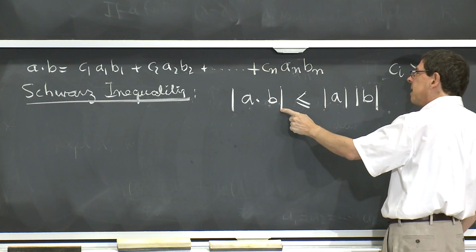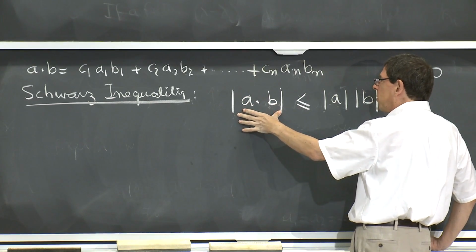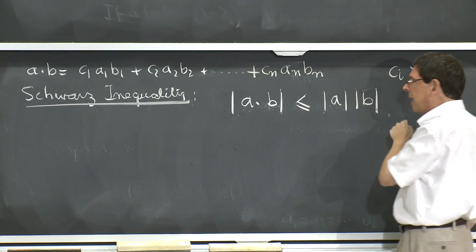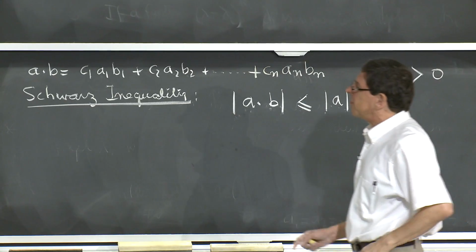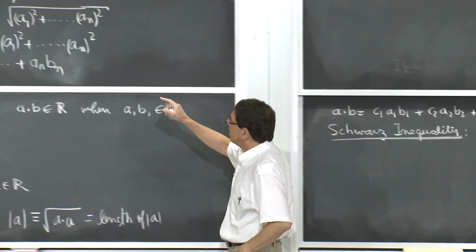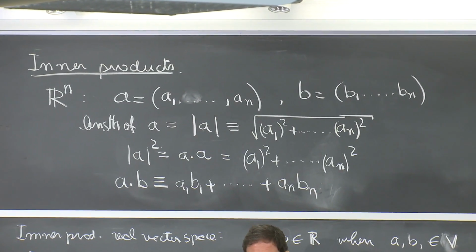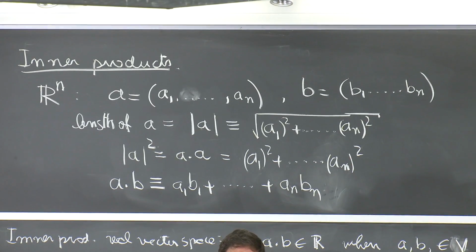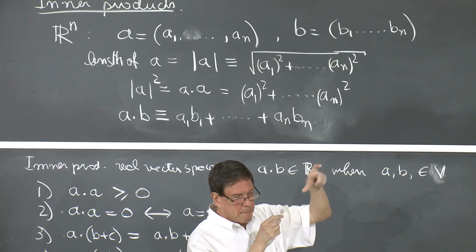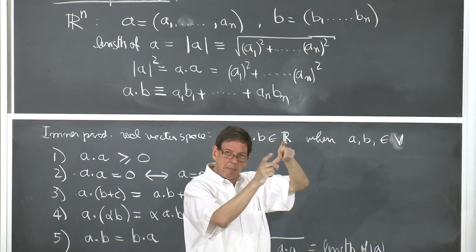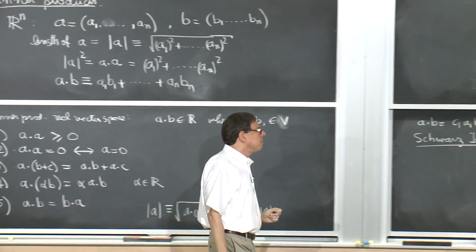So here it's saying that the number A dot B, its absolute value, is smaller than the product of the lengths of the vectors. This is something that you probably have some intuition for from this formula. The way people explain this to you is that if you have two vectors, the dot product can be shown to be equal to the magnitude of the first vector times the magnitude of the second vector times the cosine of the angle in between.